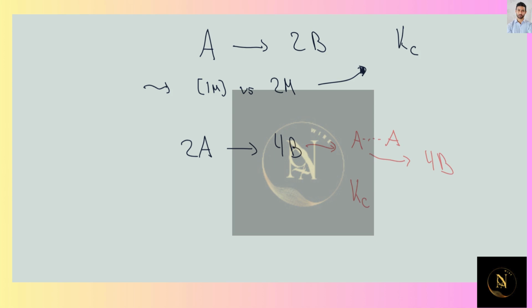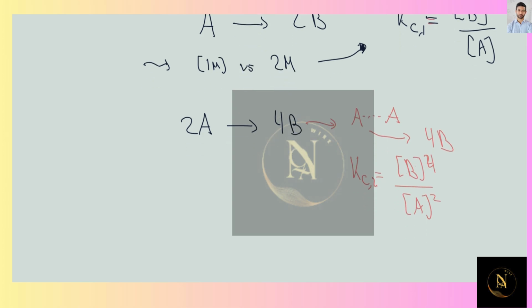So in this case, the value for Kc, as you point out, would be concentration of B to the 4 divided by concentration of A squared. Compared to the initial assessment that we said, Kc in this case would be concentration of B squared divided by concentration of A. Let's call the first one Kc1 and the second one Kc2.